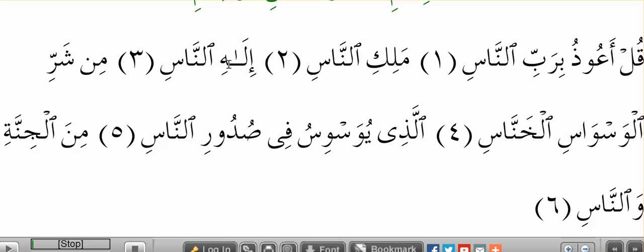Actually, it means all three, but we don't repeat قل أعوذ ب. There is no need. So we just say قل أعوذ برب الناس ملك الناس إله الناس. So now does the ayah make more sense to you? Yes. That's all I was trying to do.